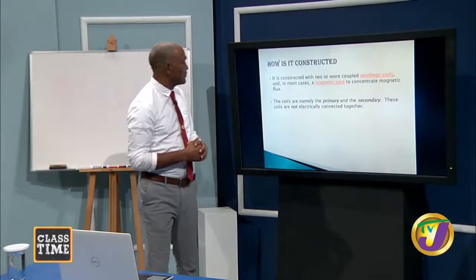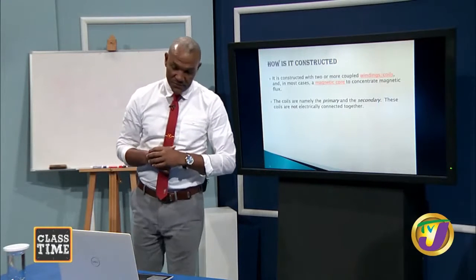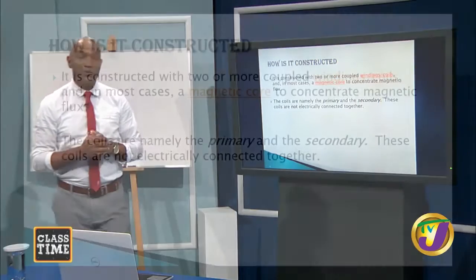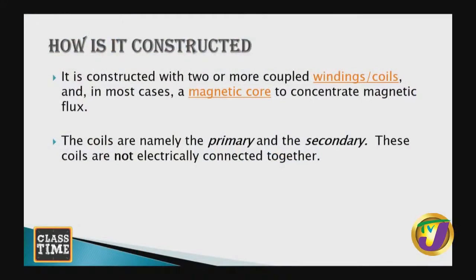Moving on. How is it constructed? A transformer is constructed with two or more coupling windings, or we say coils, and in most cases a magnetic core.